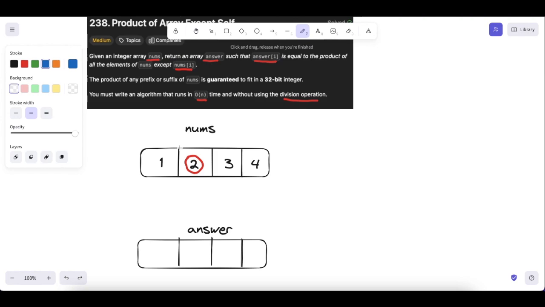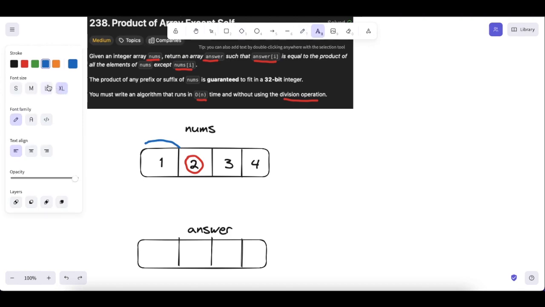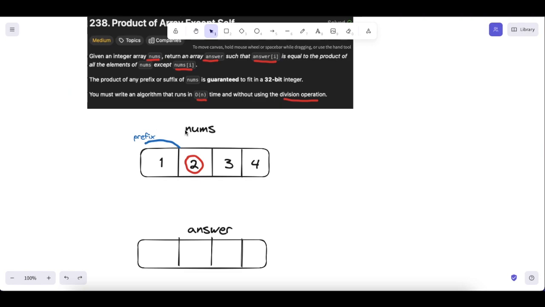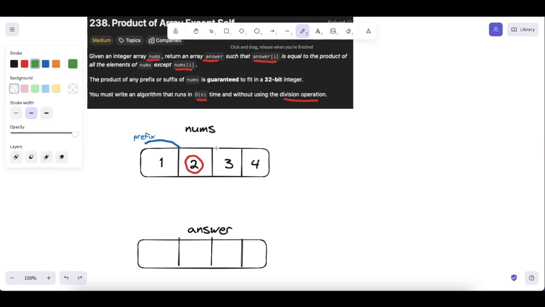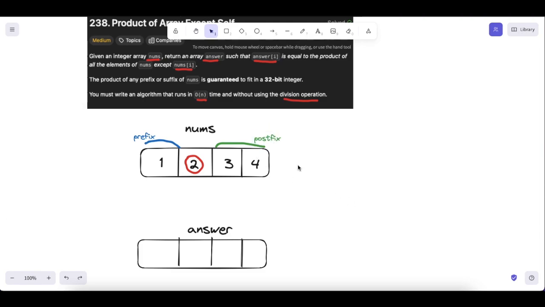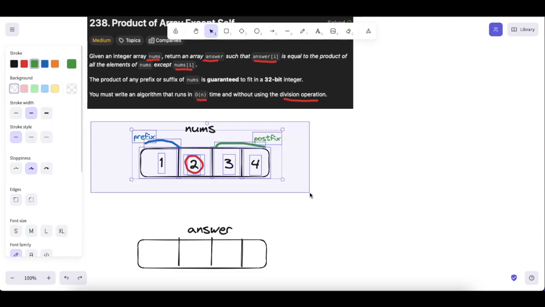We want to multiply all the numbers which come before the 2, and so we can consider this the prefix. And we want to multiply all the numbers which come after the 2. We'll use a different color for this, and we can call this the postfix. So what we can do is basically run through this nums array twice.